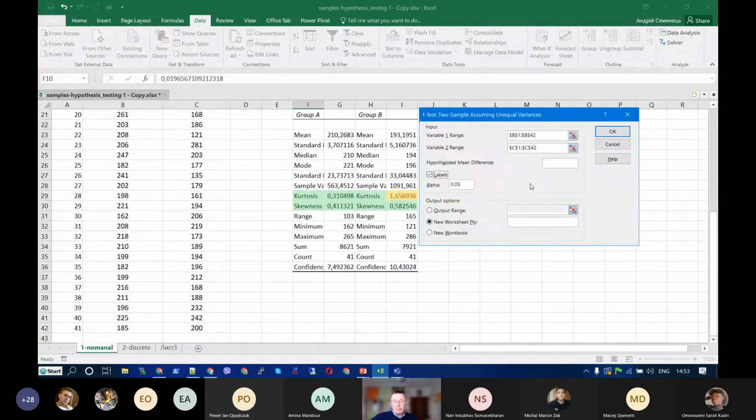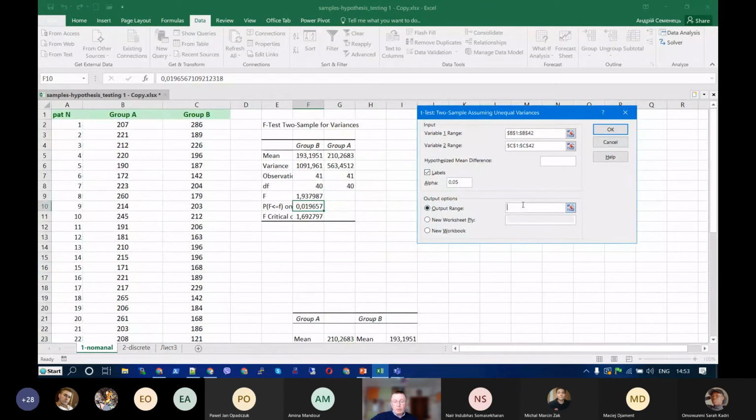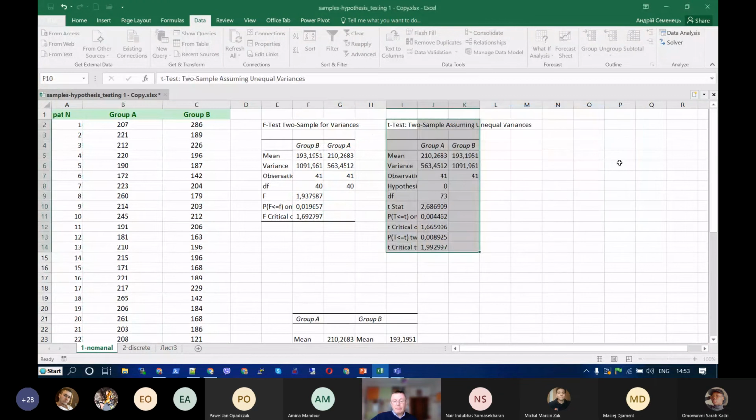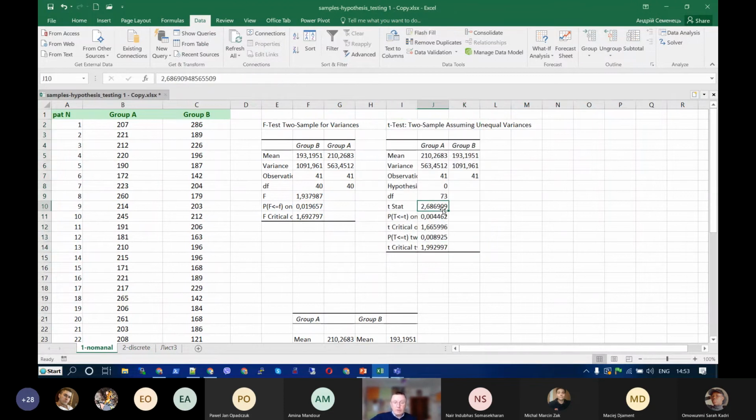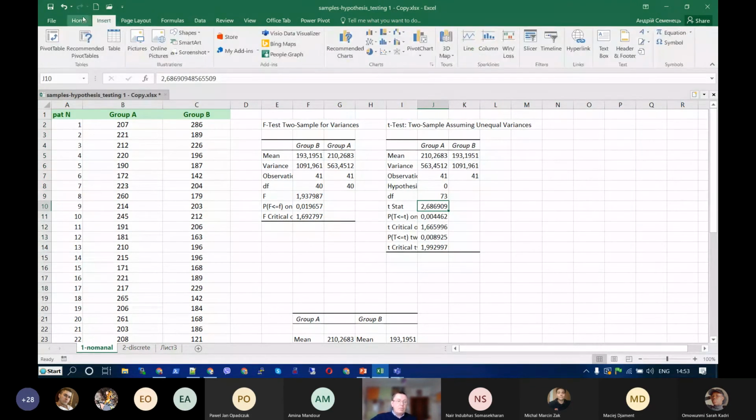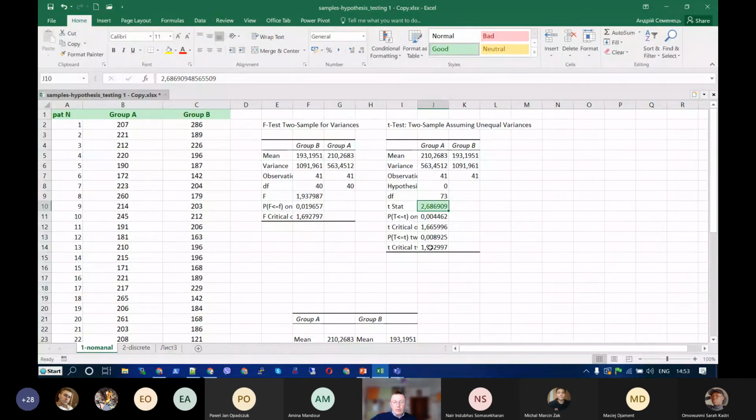We have labels, and the output range is here. Again, the test statistic is 2.6 and the critical two-tail value is 1.9.